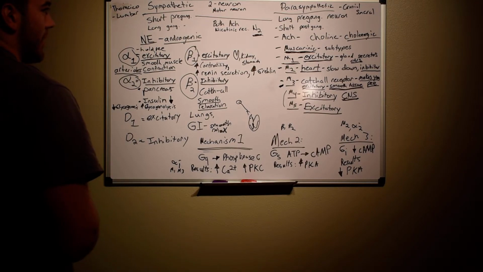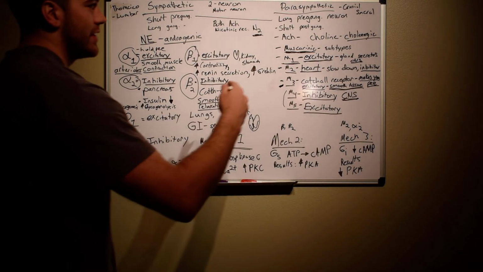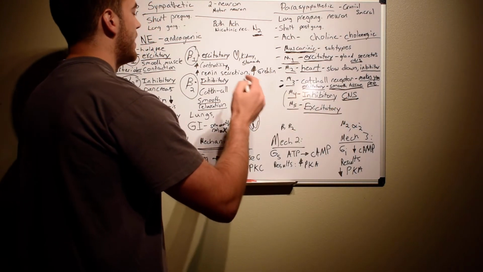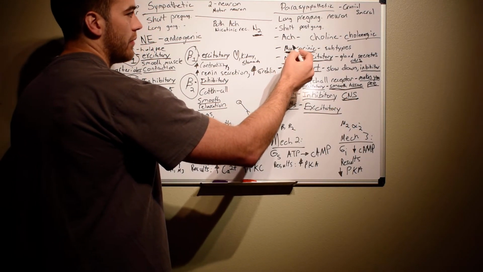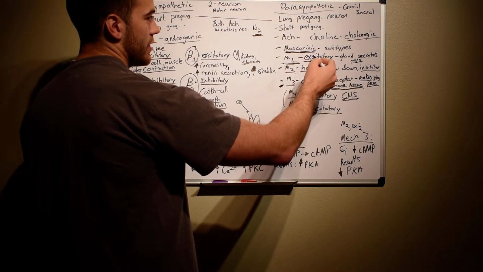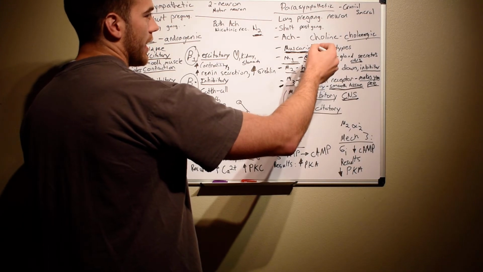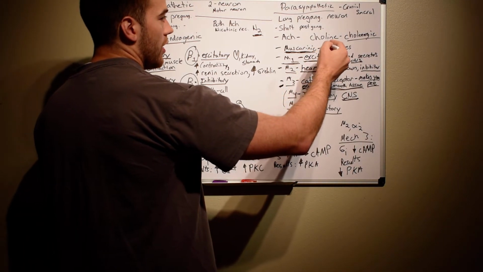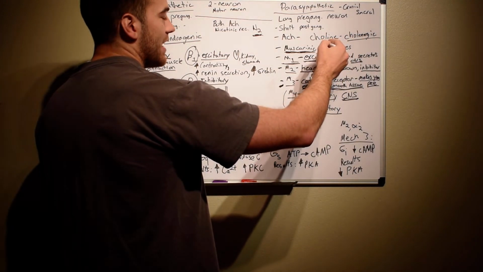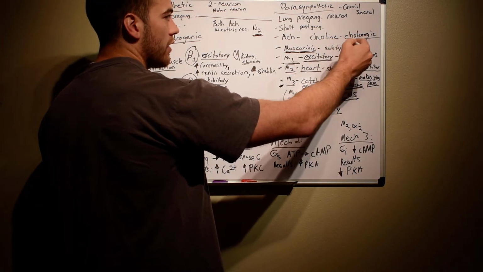Okay, with our sympathetic nervous system, this is where it really differs from the parasympathetic nervous system, in that instead of acetylcholine binding to the muscarinic receptors, which by the way, I don't think I mentioned that they're also called the cholinergic receptors because they bind acetylcholine.